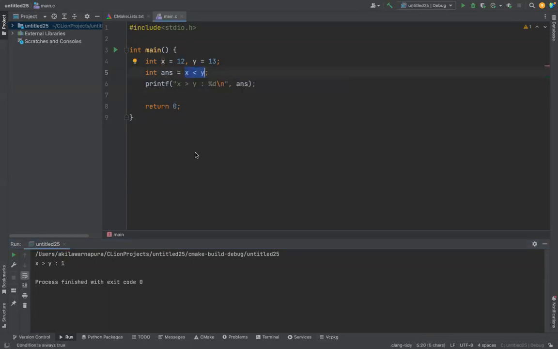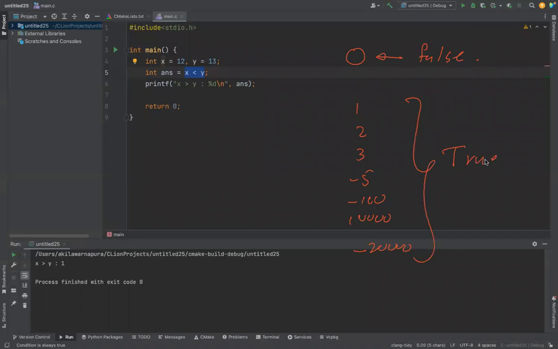And remember that when you are talking about zeros, 0 is considered false, and any non-zero value, it can be 1, 2, 3, -5, -100, 10,000, -20,000, whatever the one, all are considered as true.